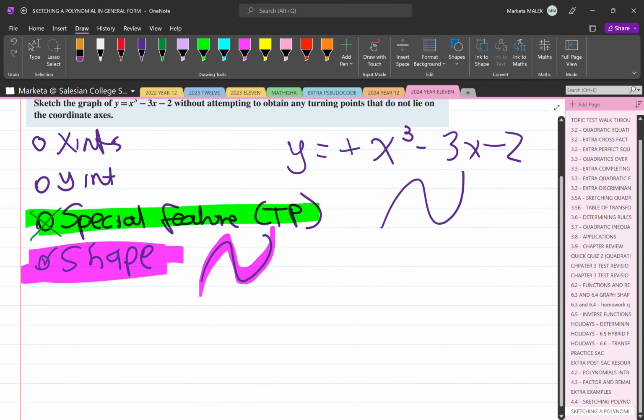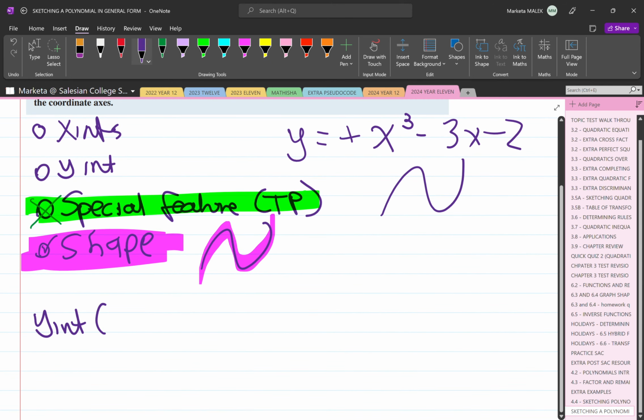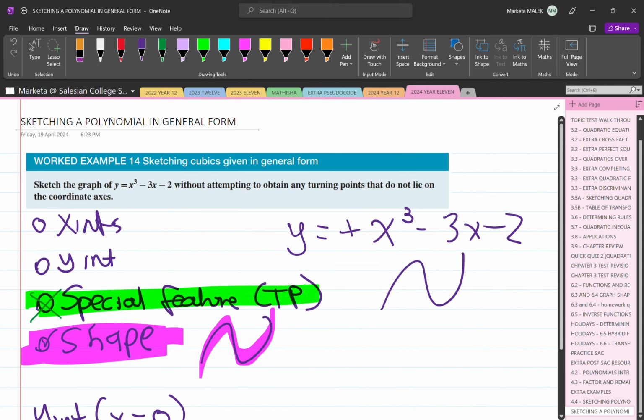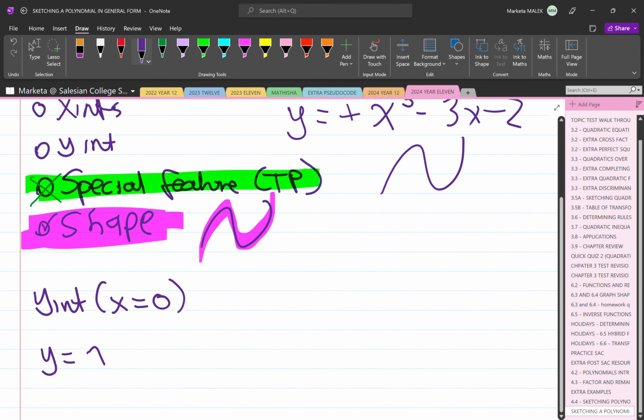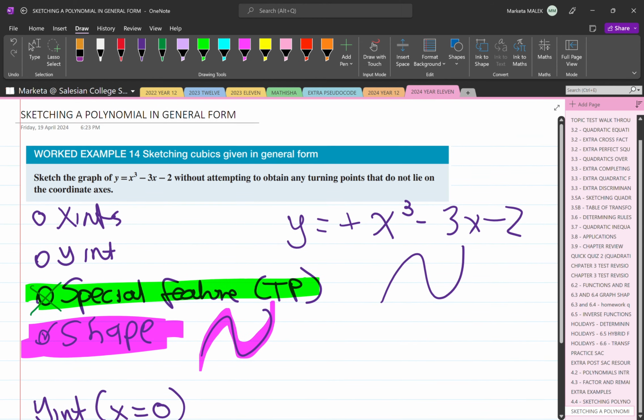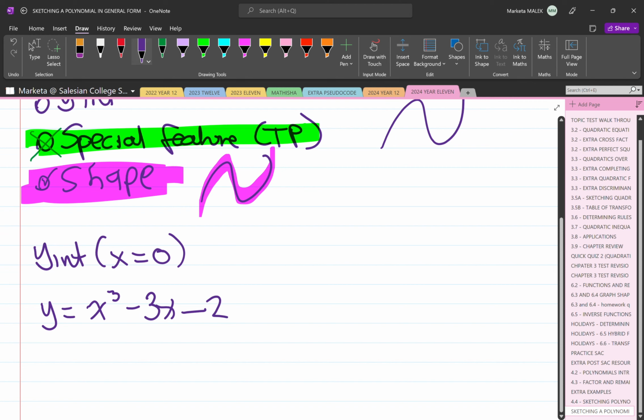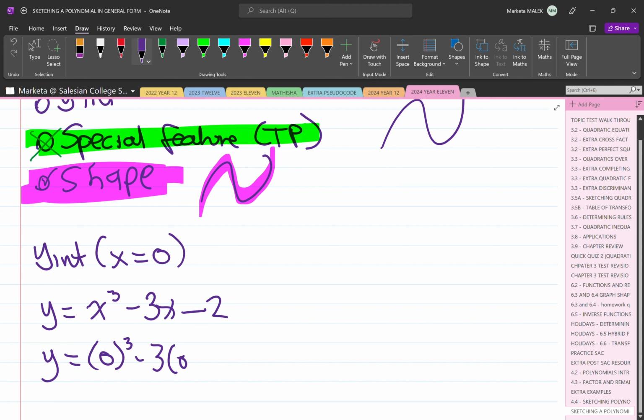So let's see, the y-intercept is where x equals 0, just like we've been doing all along. So minus 3x. So there's our equation, and I'm just going to sub a 0 in. You might be able to see that it's very easy to see the y-intercept because, well, look at that.